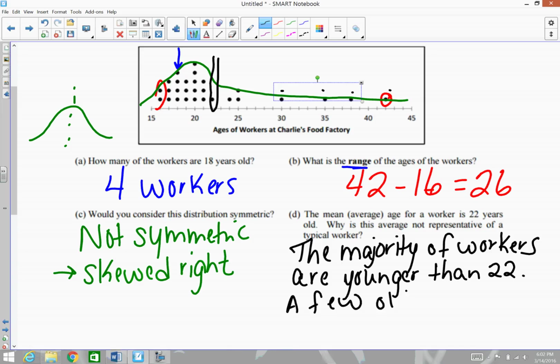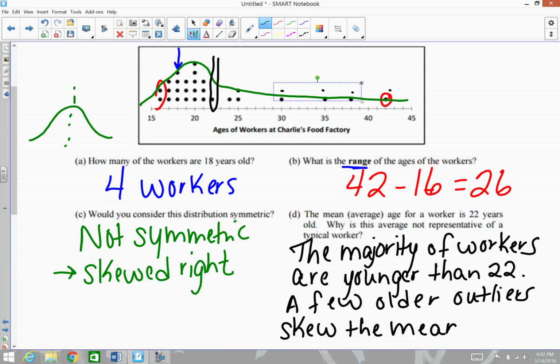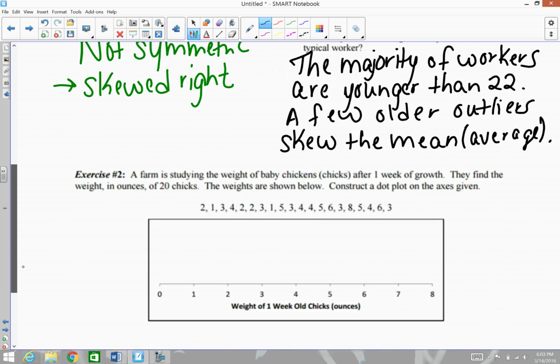A few older outliers skew the mean or the average, meaning it makes the average higher. Okay, feel free to rewind, rewatch, and then we will look at exercise 2.